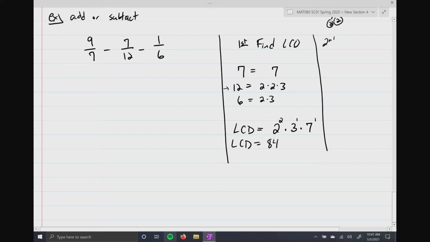Second, we're going to build equivalent fractions. Okay? So what that means here is this.